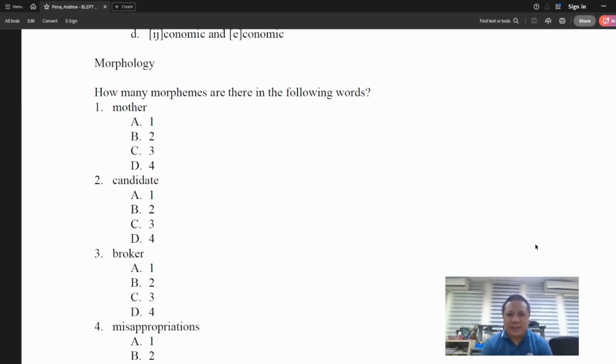Number 3, broker, A1, B2, C3, D4. So the answer is also just one, broker, because broke doesn't mean anything here. You need all the sounds. So broker has only one morpheme, so it's A.